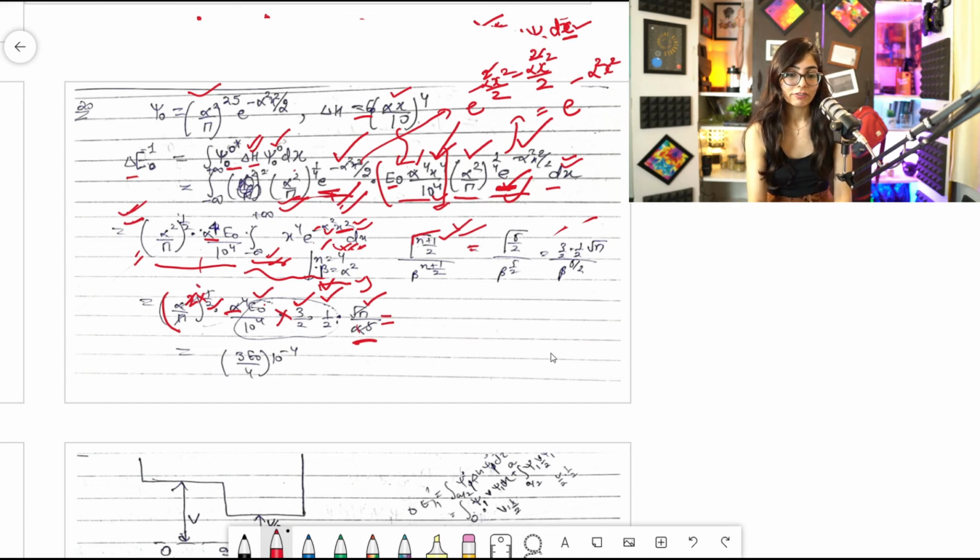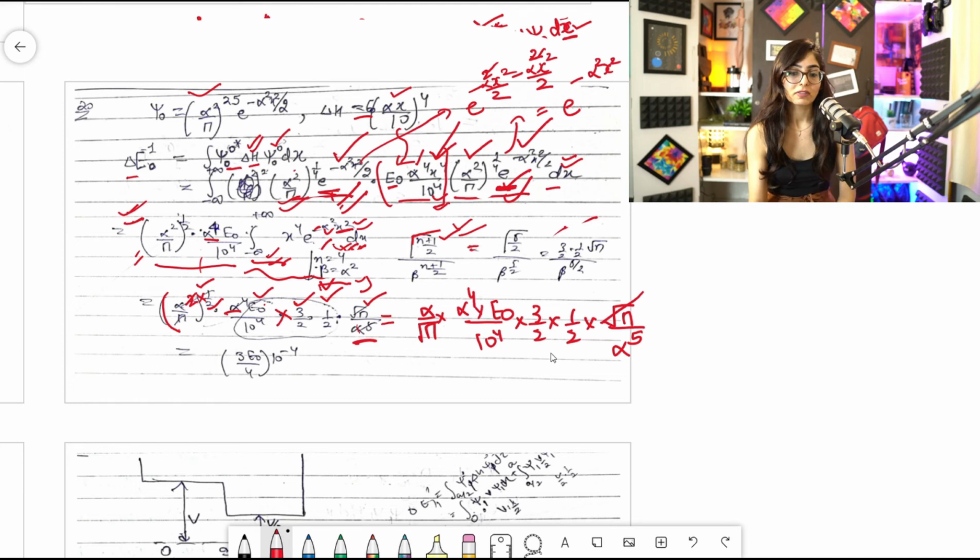Sorry, it is alpha by pi into alpha raised to power 4 into E naught divided by 10 raised to power 4, into 3 by 2 into 1 by 2 into root pi, divided by alpha raised to power 5. Clear?